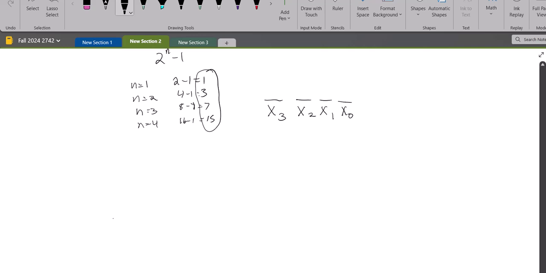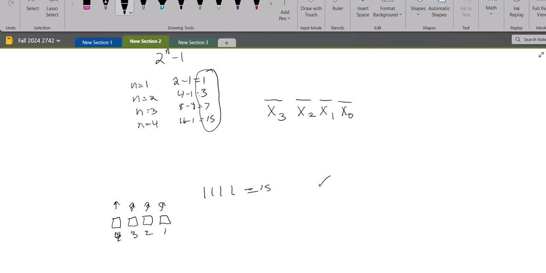So for example, let's say you had these attached to switches 4, 3, 2, 1, and if you had them all turned on, then that would be the number 1111, which is 15, and you would expect that to say yes, that is a Mersenne number. So your output would be on, the light would be on.